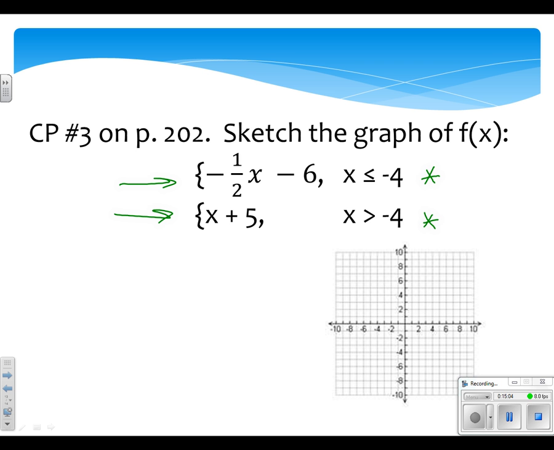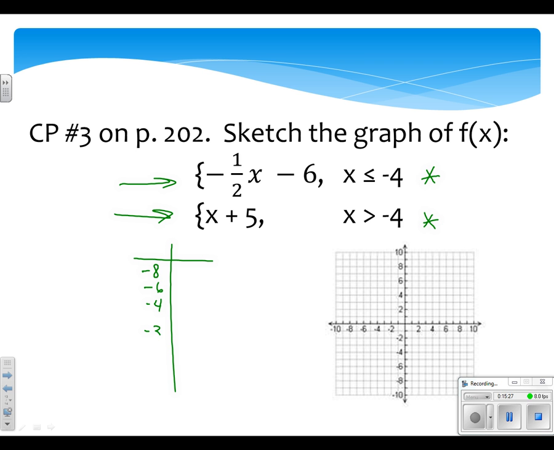So what I decided we should do with this one is we're just going to pick some values. Let's play with this and figure out which function we would use based on a given value to plug in. How about if we took -8? So I'm going to pick a few of them that are less than or equal to -4. And then I'm also going to pick a few of them that are greater than -4.